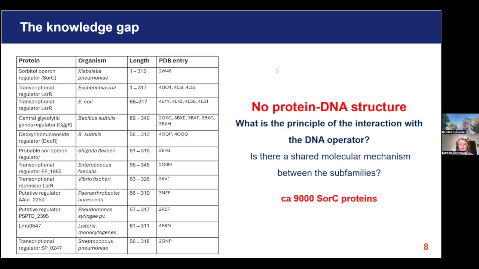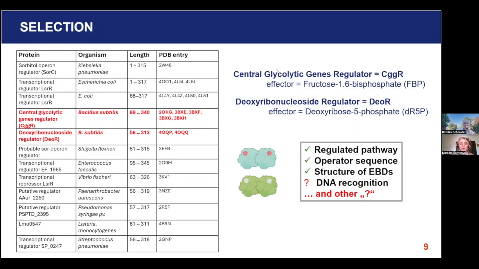Moreover, there was no structure of any protein-DNA complex that might elucidate the principle of the repressor's function and elucidate if there are differences between the subfamilies. And so this was my task, for which we selected 2 representatives, both from the model bacterium Bacillus subtilis, and these proteins also gave the name to their subfamilies.